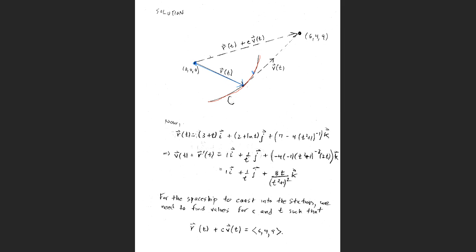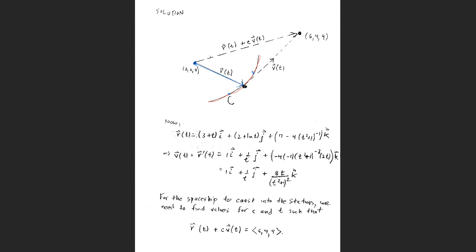But what the pilot of the spaceship wants to do is, at a certain time, turn his engines off and coast right into the space station. You see this dashed line here. Coast.